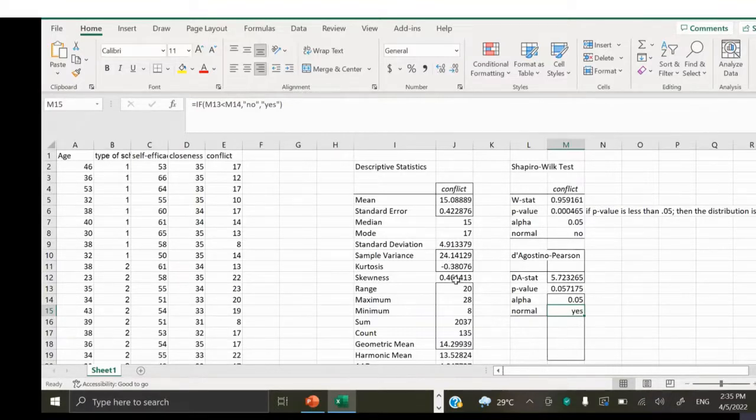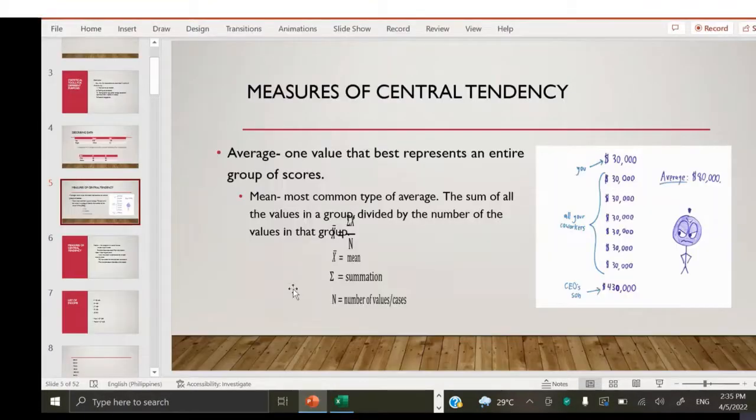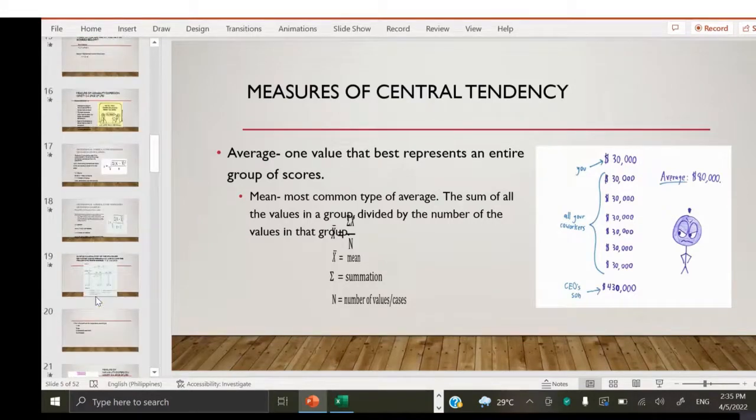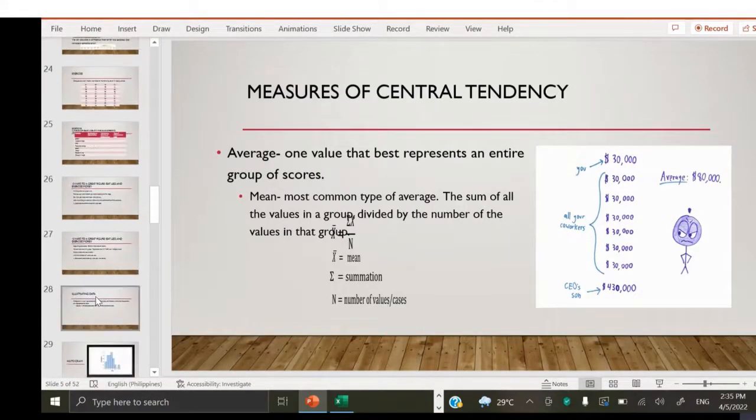Okay, so I would lean towards declaring this as normal based on the kurtosis value and the skewness value, because it also depends on who you are following.